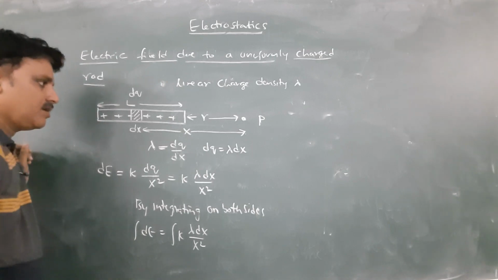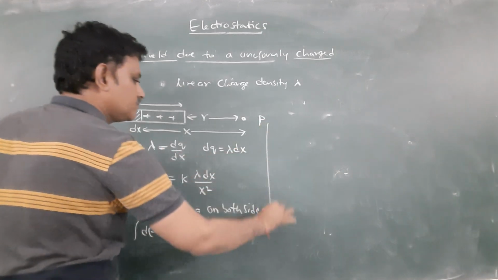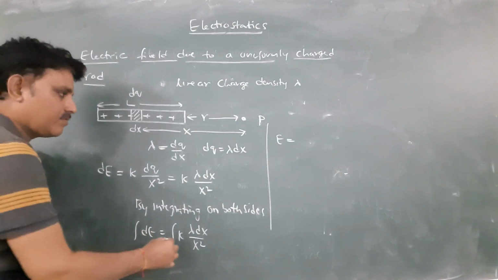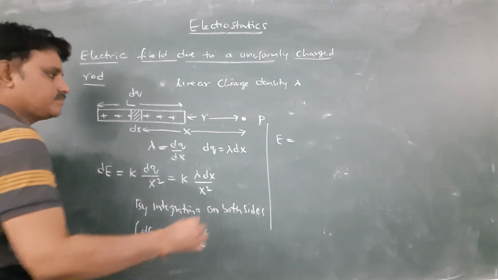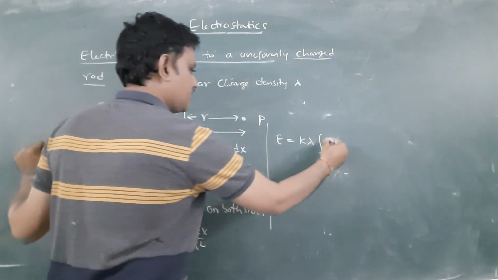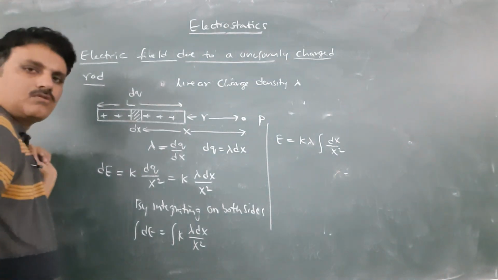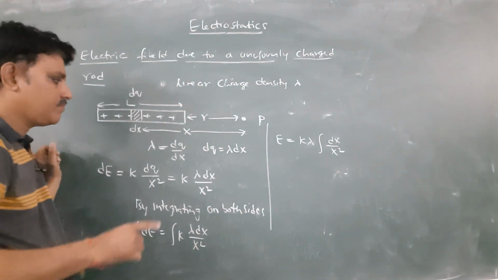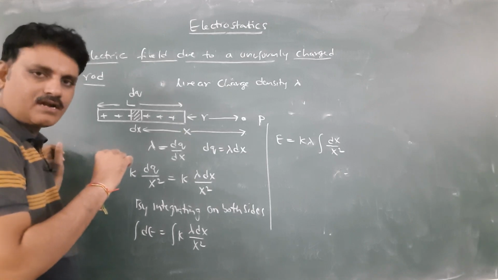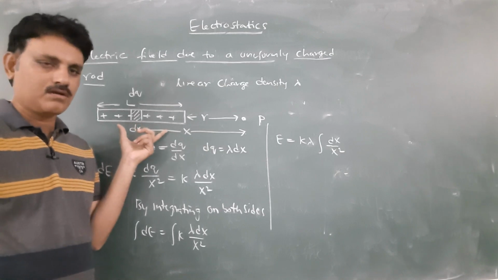The integral of dE is equal to E. Next, k and lambda are constants, so we take them out of the integration, leaving dx by x square. We need to write the integration limits here. From where to where are we going to calculate the electric field? Our aim is to calculate the electric field due to the entire rod.